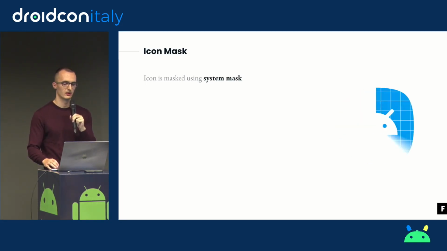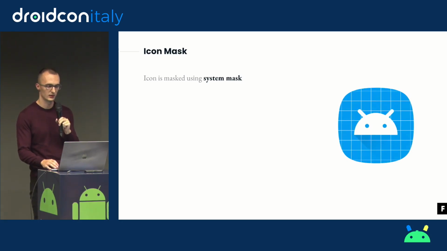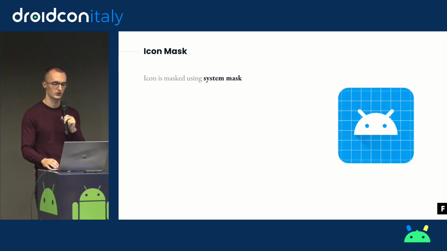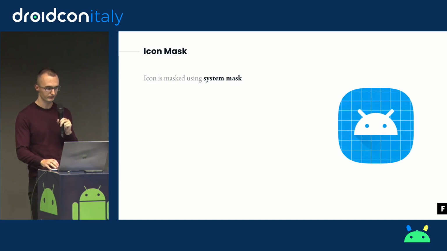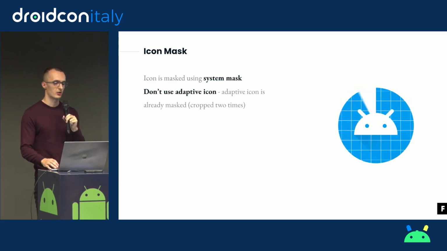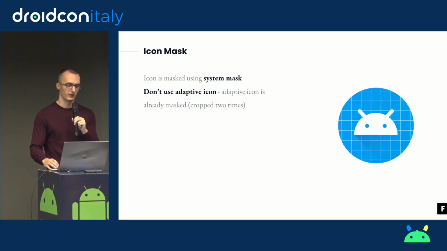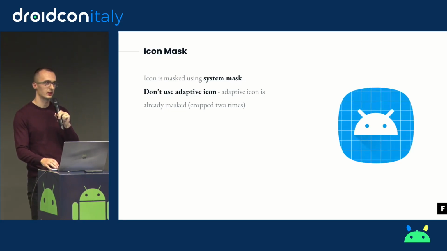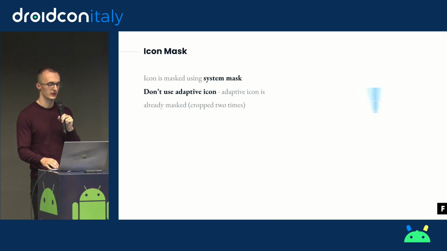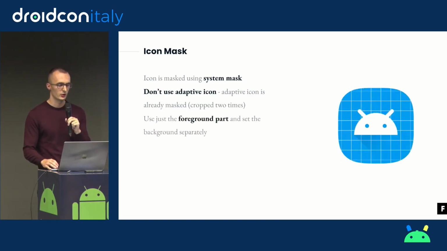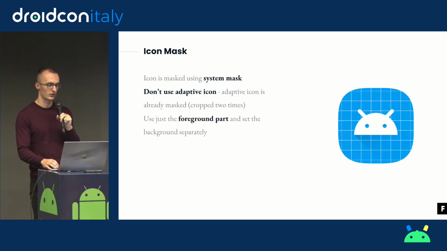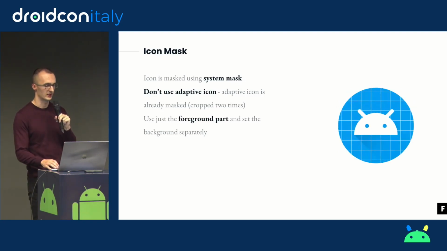Some systems like Pixel use a circle mask, some systems like Samsung use a squircle mask, and some systems use a rounded corner shape mask. When it comes to the splash screen icon, you shouldn't be using the adaptive icon directly, because the adaptive icon is already masked, which basically means that it will get cropped 2 times. So instead, you should just use the foreground part of the adaptive icon and set the background separately.